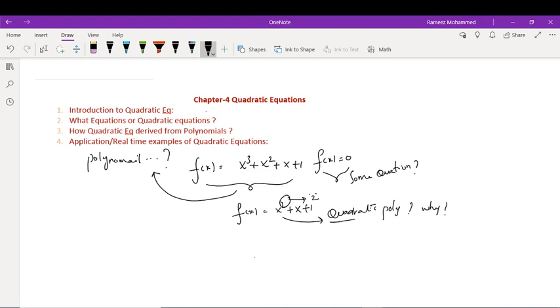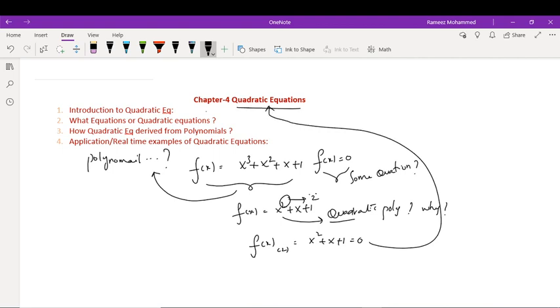But what is a quadratic equation? When a polynomial of degree 2, that is x squared plus x plus 1, is equated to 0, it is called a quadratic equation. Understood?